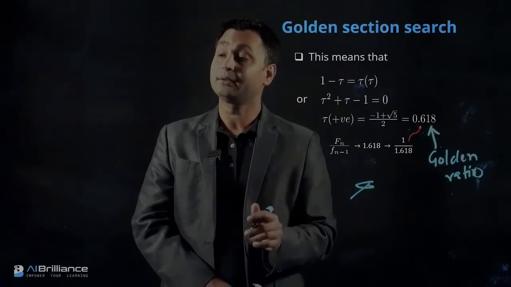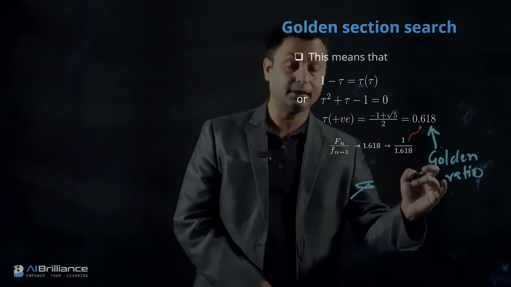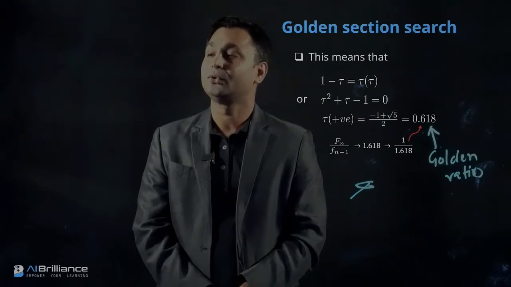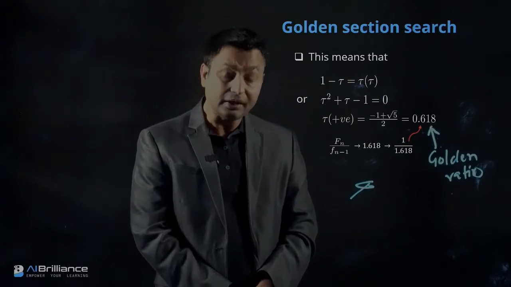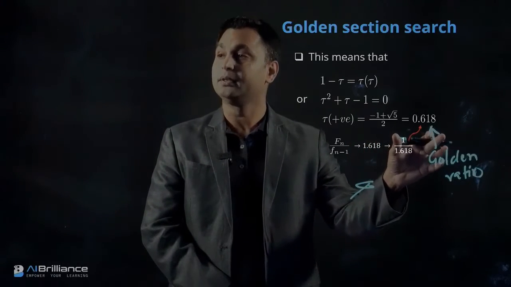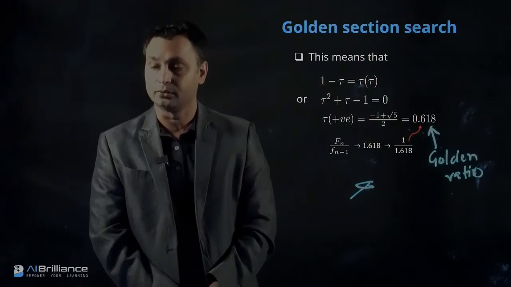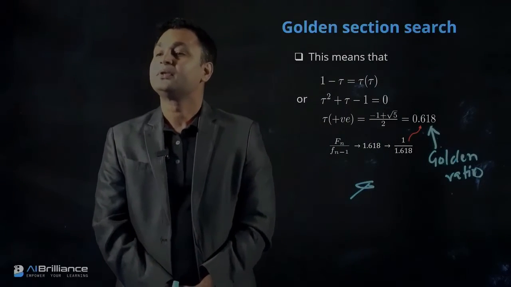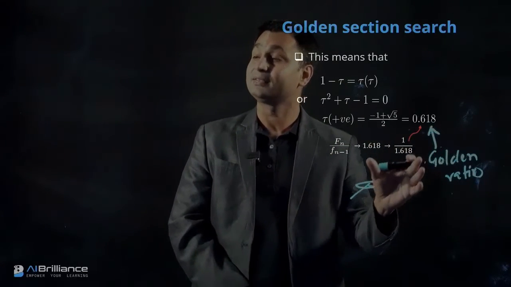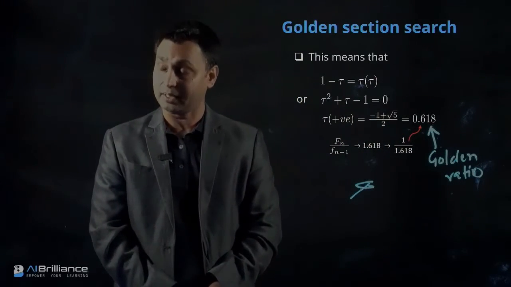And if you take 1 divided by 1.618, that is equal to 0.618, which is also known as the golden ratio in the Fibonacci sequence. Since we have a tau value of 0.618, this overall algorithm is known as the golden search algorithm. So this is where you will see the tau value of 0.618 coming into the picture in the algorithm that I am going to talk about.